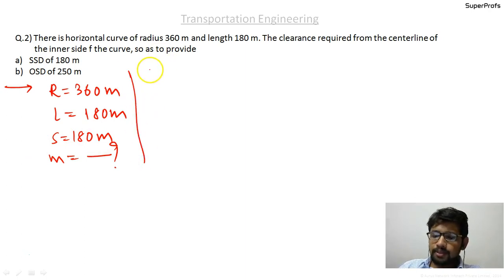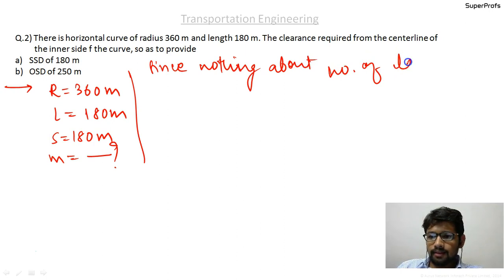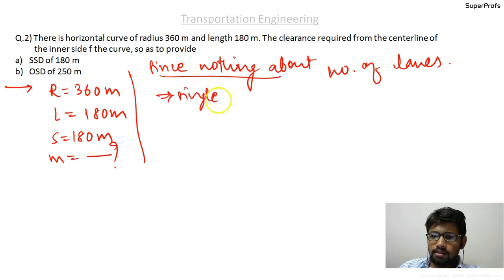Since nothing is specified about the number of lanes, we will consider the basic criteria, that is, a single lane road. Here, as you can see, the length of the curve is greater than or equal to the sight distance.